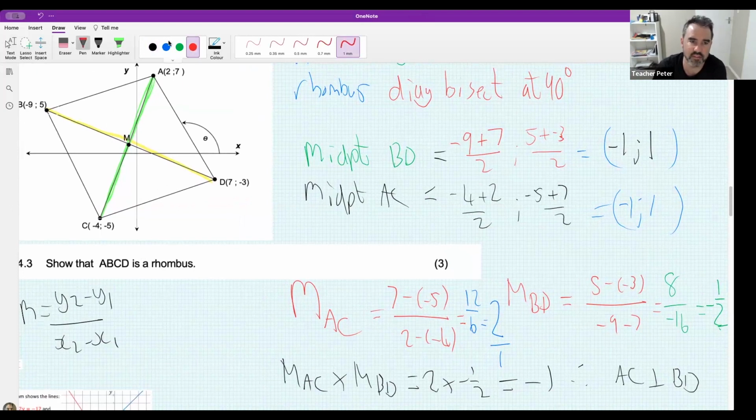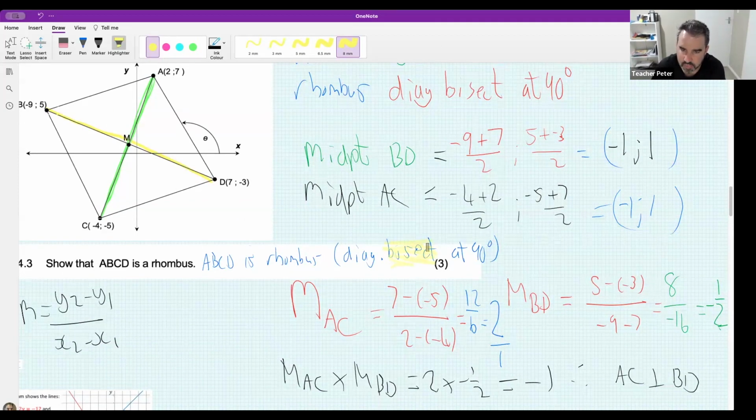So we can say ABCD is a rhombus because the diagonals bisect at 90 degrees. The bisecting part comes from the midpoint formula, and the 90-degree part comes from the gradient formula. And that's how you prove something is a rhombus.